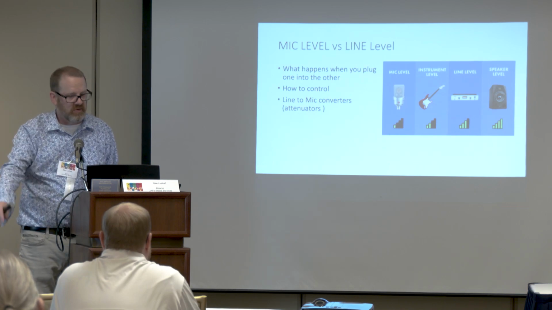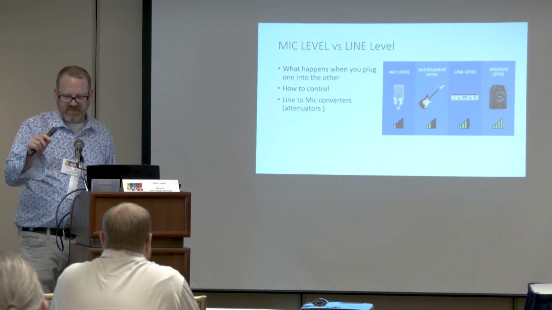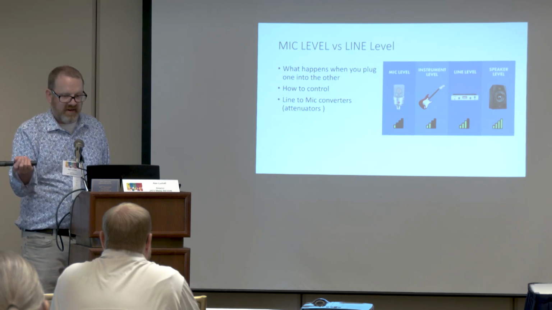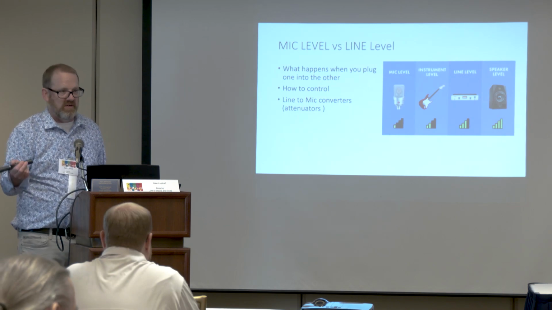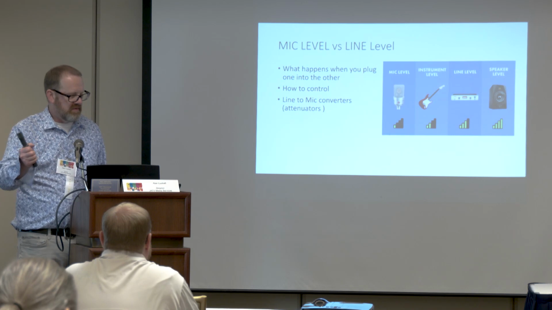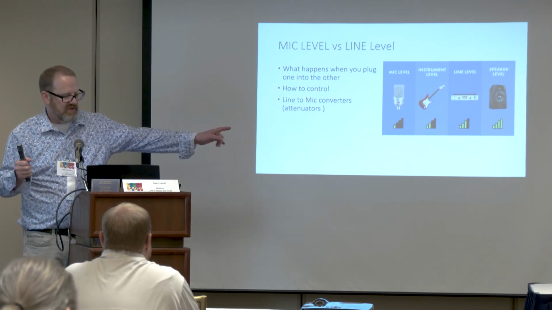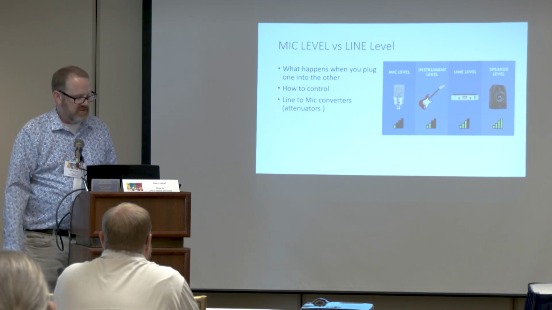That gain knob might be labeled mic on the far right and then line on the far left. And the idea there is that you're being able to adjust, taking into account how loud the device is to begin with before it gets running through your system.